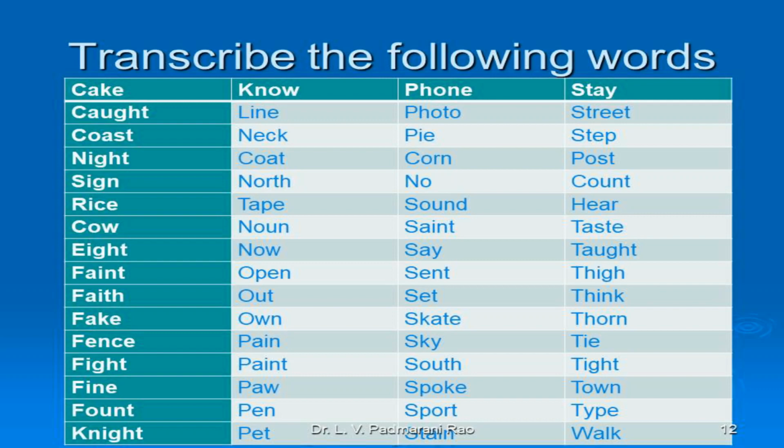Along with the words, immediately next will be the transcription with the syllabic division, and you know how to transcribe them, and then you can practice it. So wherever you have a doubt, you can refer to the dictionary, or you can post me either in the WhatsApp or in the Google Classroom so that I can answer you.